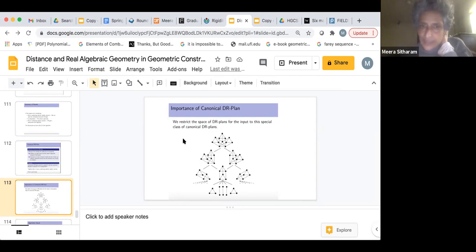So the importance of the canonical DR plan is that we restrict the space of DR plans to this special class, instead of thinking about all DR plans. In this example, it's basically 3 C3 cross C2s, the familiar C3 cross C2s, all of which intersect on a triangle here.